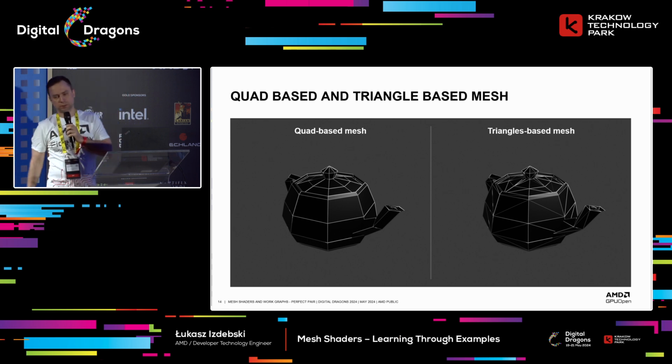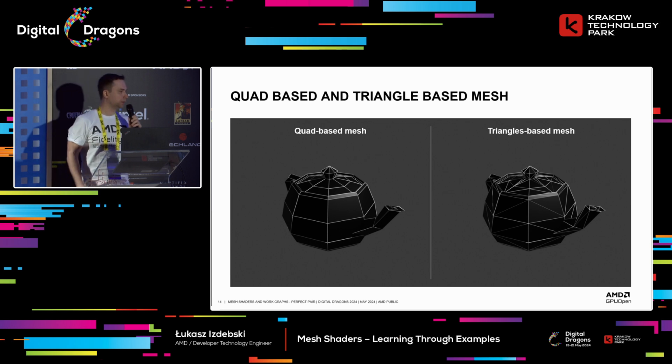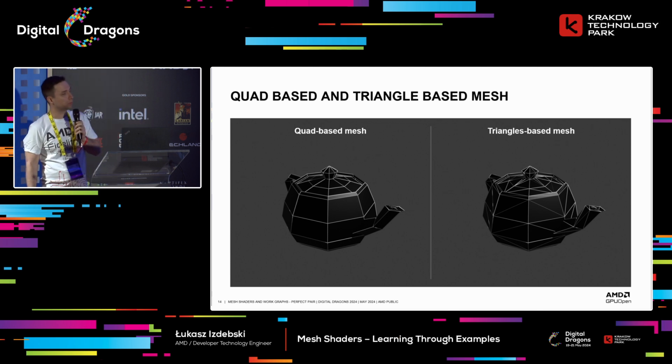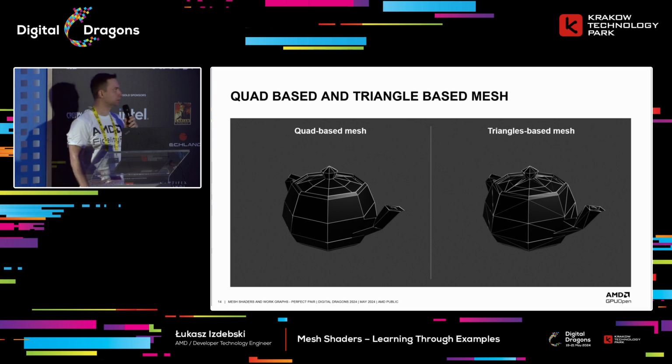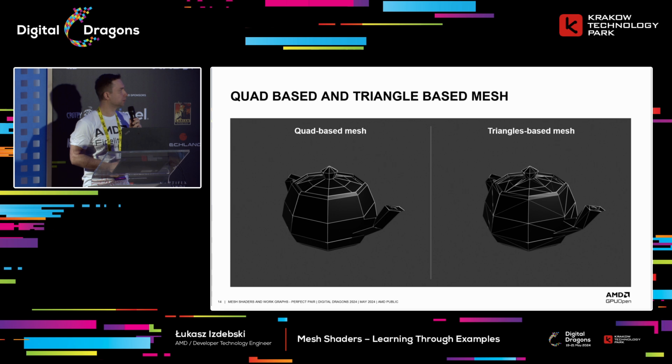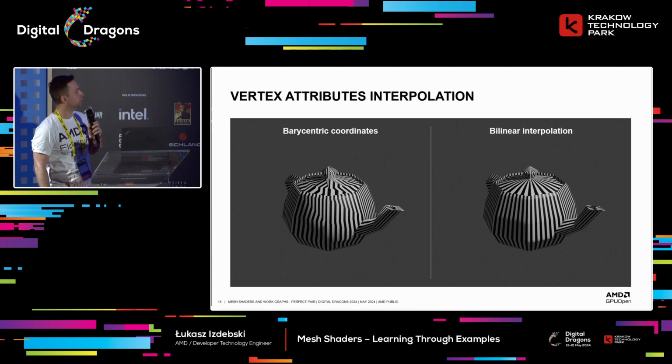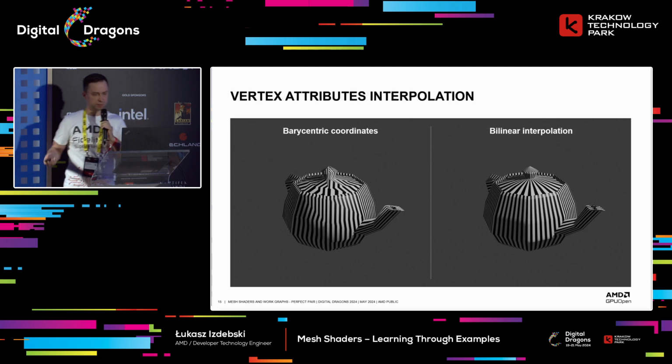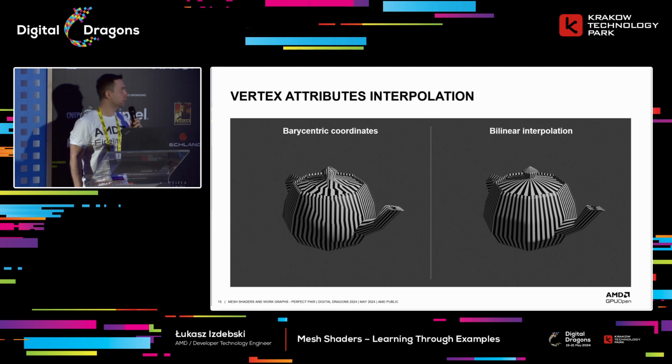They are very popular because of their properties that ease modeling, but unfortunately hardware today doesn't support rendering and interpolation of attributes using quads. At some stage, those quads need to be split into two triangles.